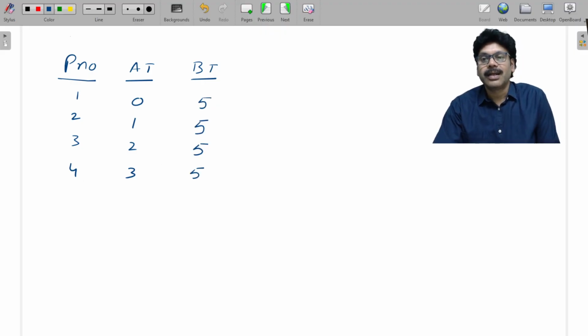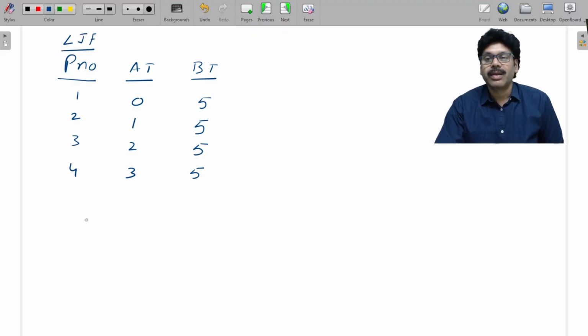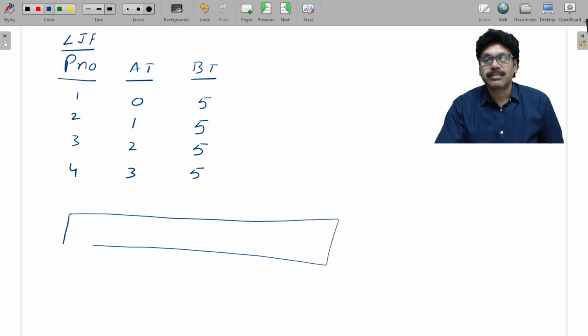Now we want to solve using longest job first. Let us draw the Gantt chart. There are 4 processes. At time 0, no other process is there, so P1 is executed for 5 units of time.